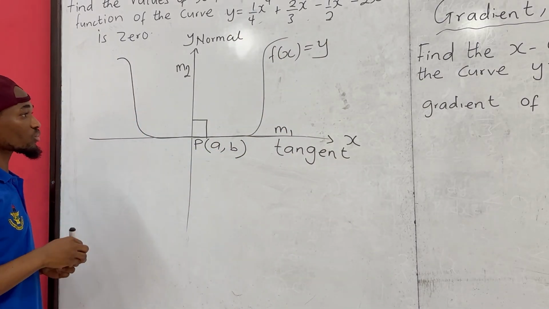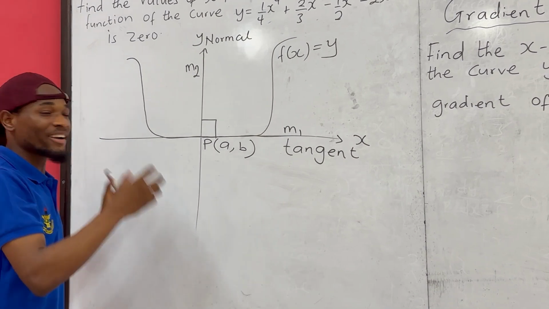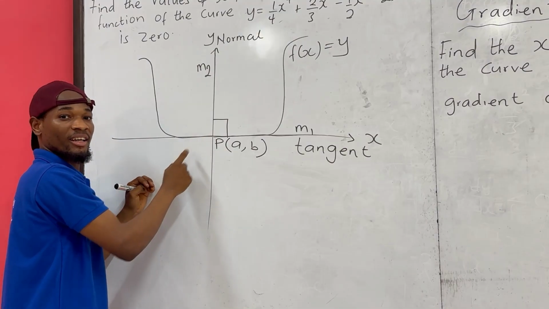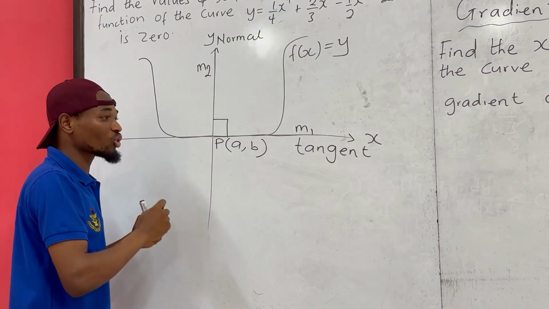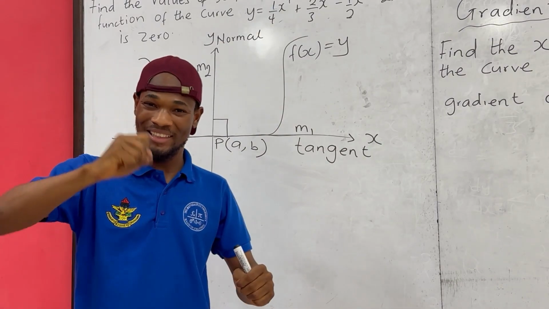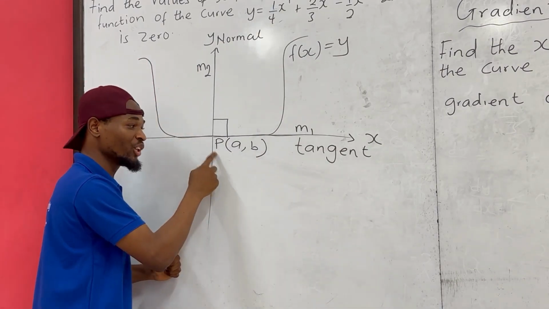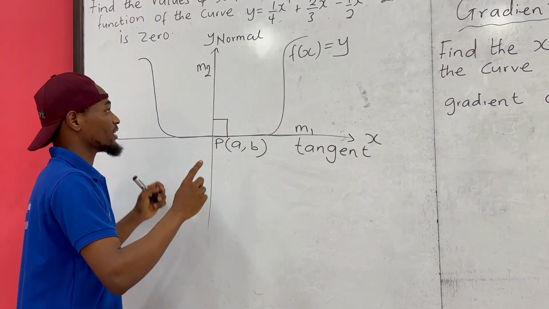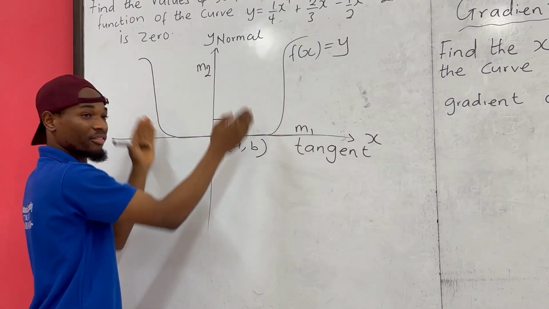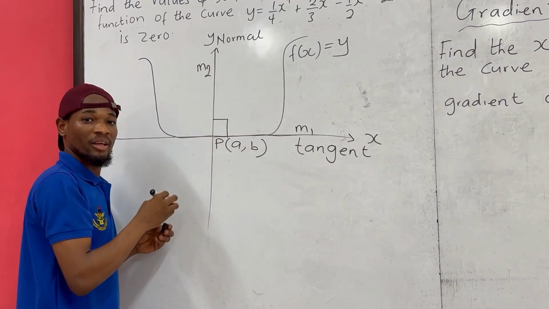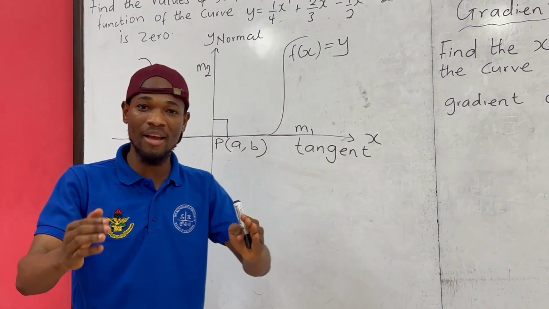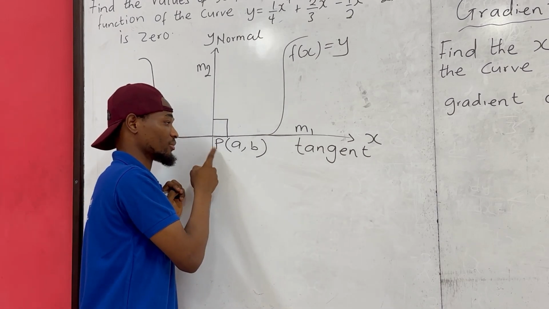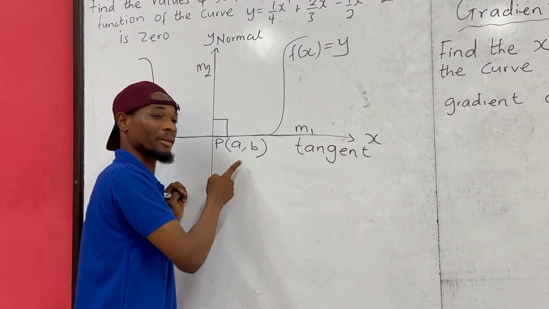Now, the gradient of the graph at the point P is always equal to the gradient of the tangent at P with coordinates A, B. Again, the gradient of the curve at the point P is the same as the gradient of the tangent at the point P with coordinates A, B.